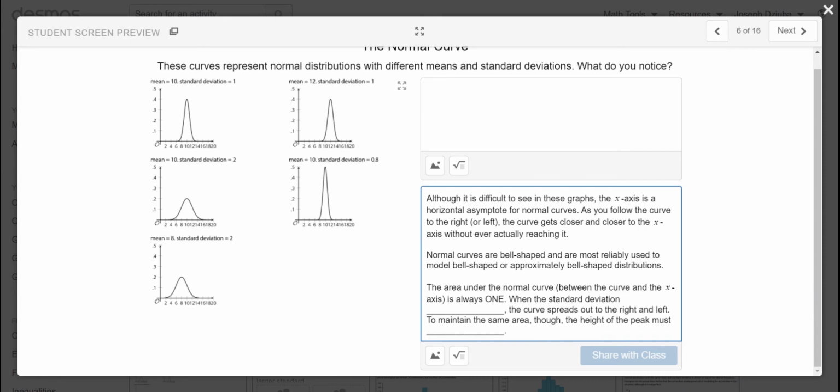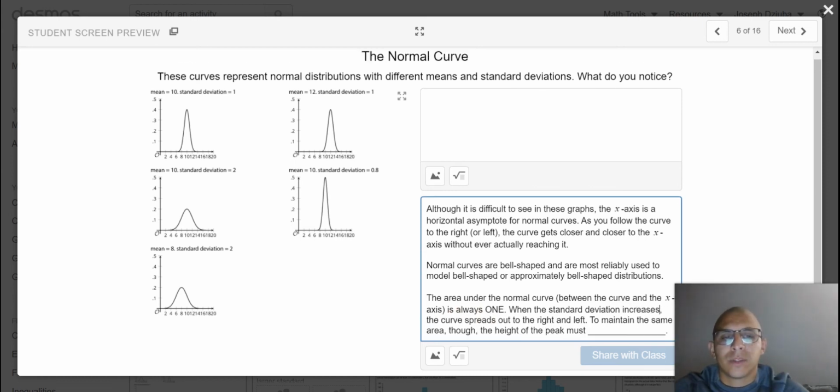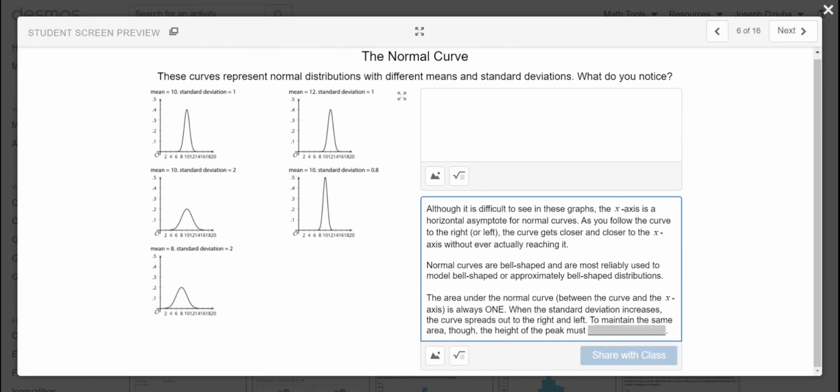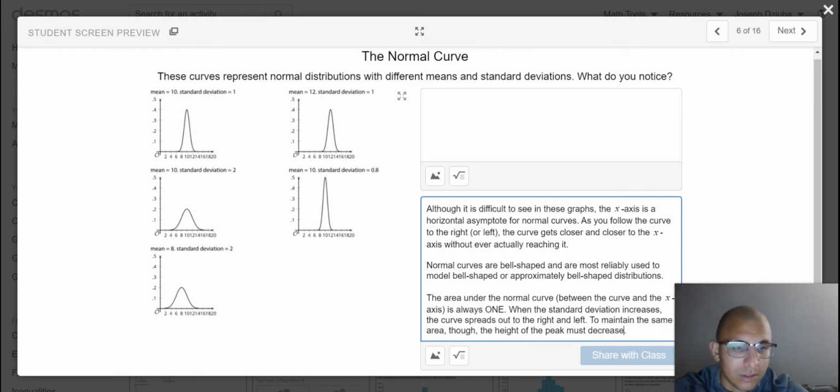When the standard deviation increases, the curve spreads out to the right and left. It flattens. To maintain the same area, the height of the peak must decrease.